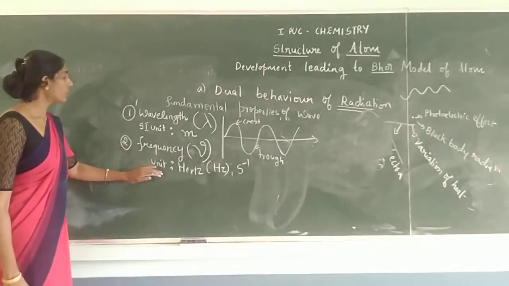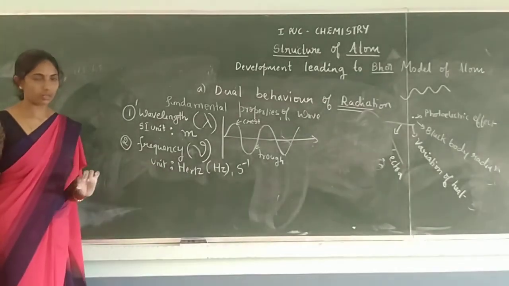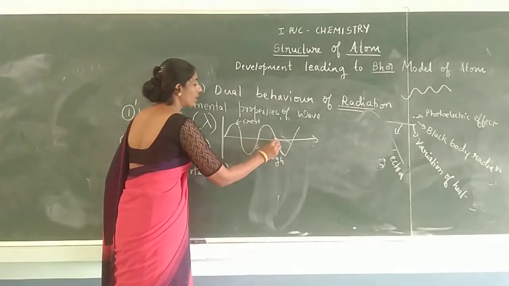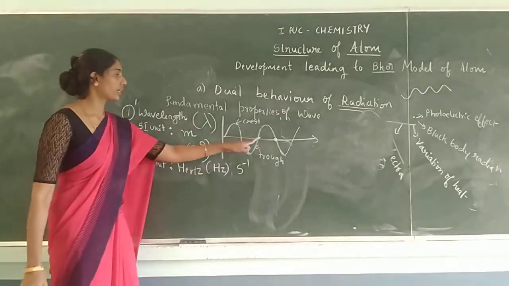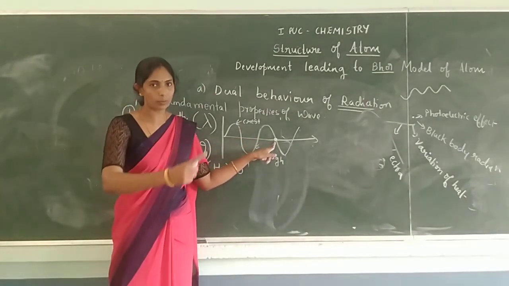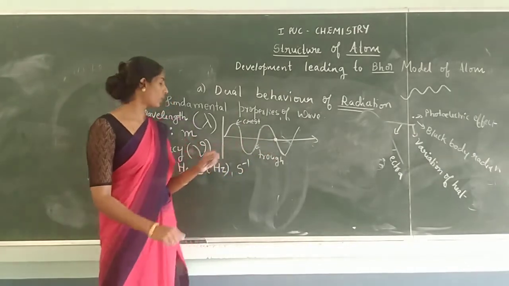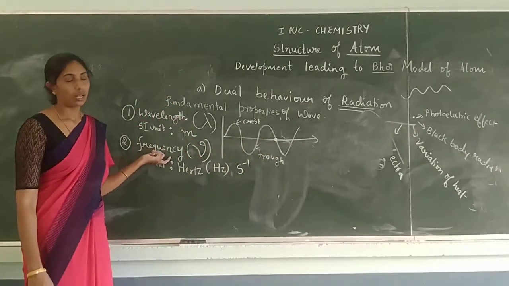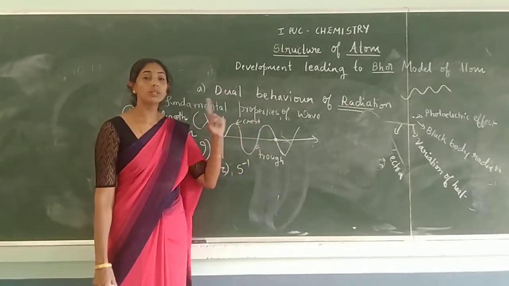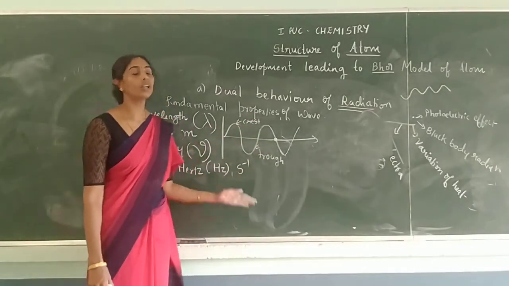How can you define the frequency? Consider a particular point. How many times light waves pass through this point in one second is usually called as what? Frequency. Number of light waves passing through the point per second is called as what?